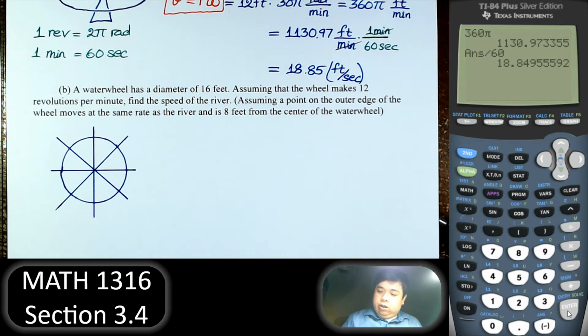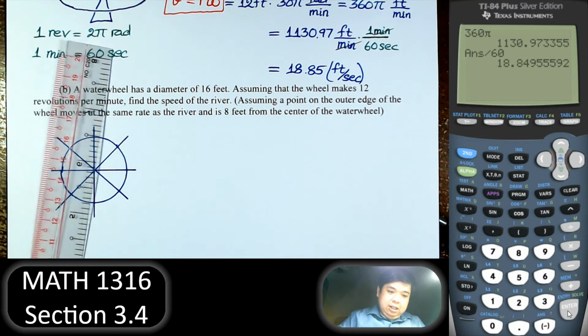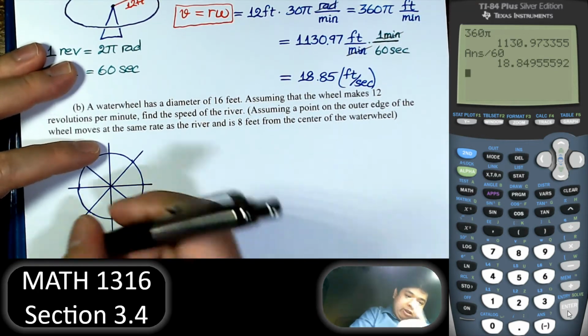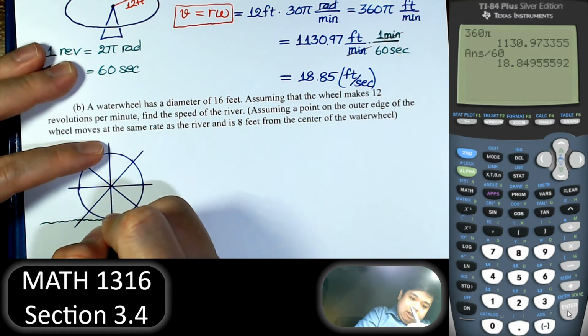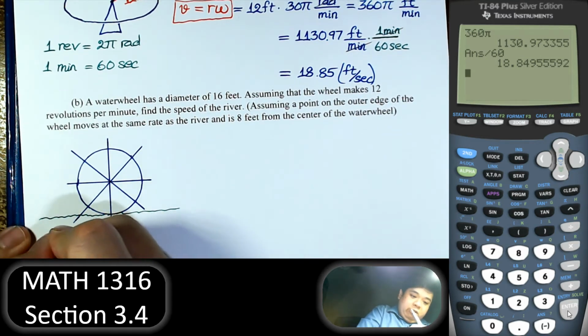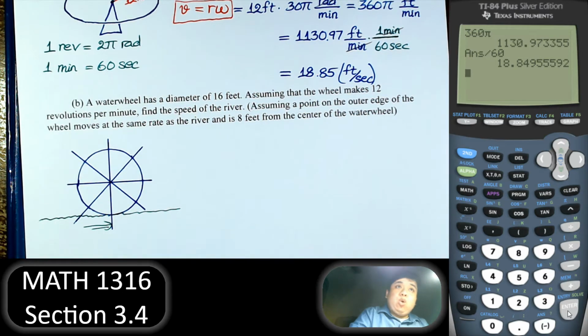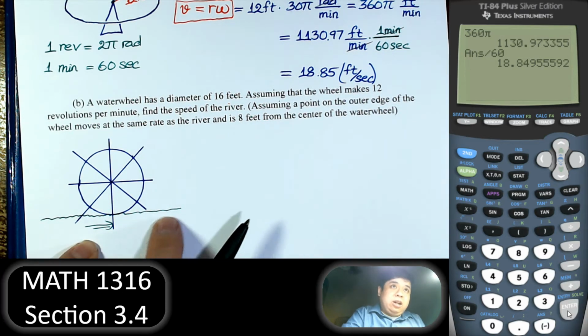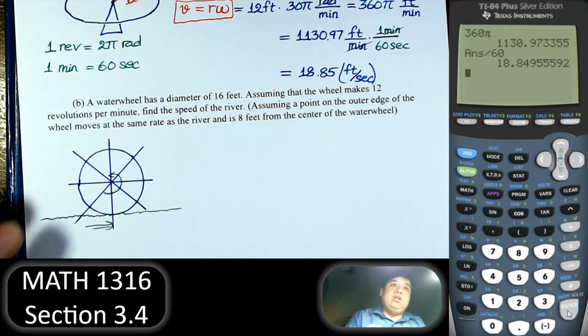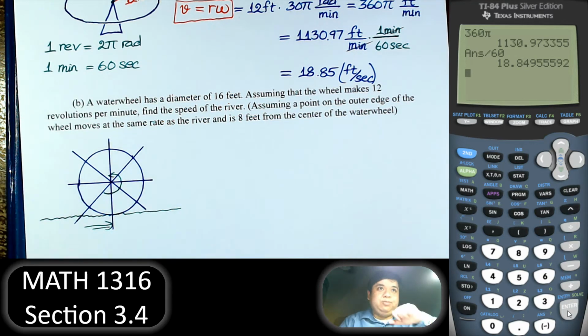It's a water wheel. And then we have the river flow. The river will be at this level, touching the water wheel. As the river flows, it pushes the paddle, and in that case, the wheel will rotate. That's how a water wheel works.